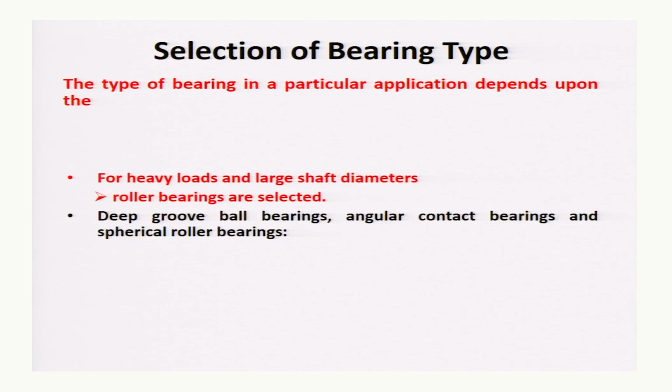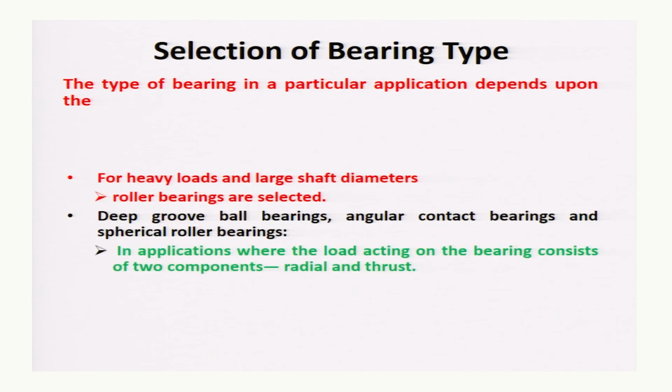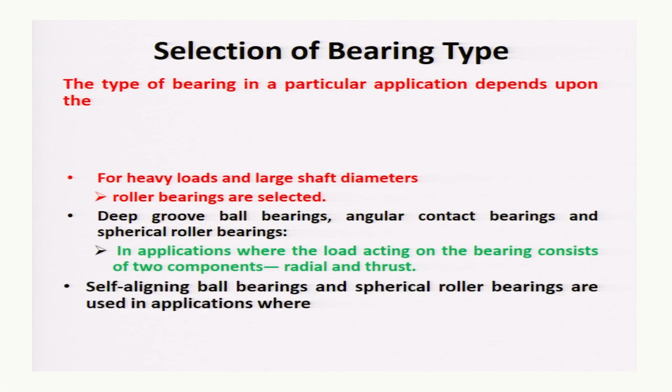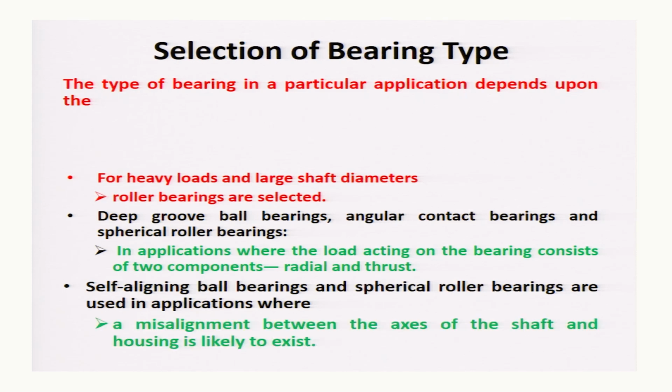Deep groove ball bearing, angular contact bearing and spherical roller bearings are used in applications where the load acting on the bearing consists of two components, radial and thrust. Self-aligning bearings and spherical roller bearings are used in applications where a misalignment between the axes of the shaft and housing is likely to exist.